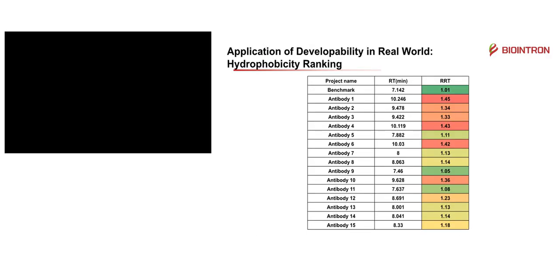So I just want to show you how we apply the method in-house, and we can do a hydrophobicity ranking, especially for antibodies for ADC application. Since the small molecule is usually hydrophobic, you want to measure hydrophobicity. If they have the same functional characteristics and other similar developabilities, you probably want to pick antibodies with good hydrophobicity.